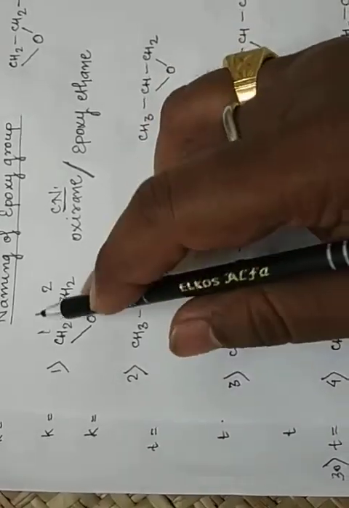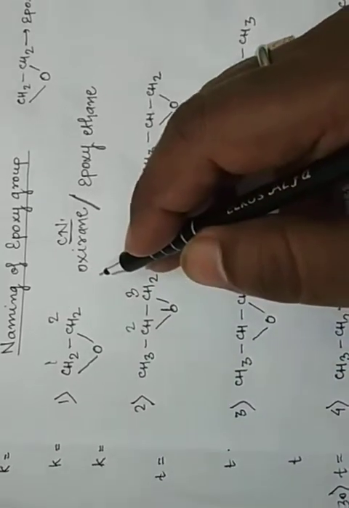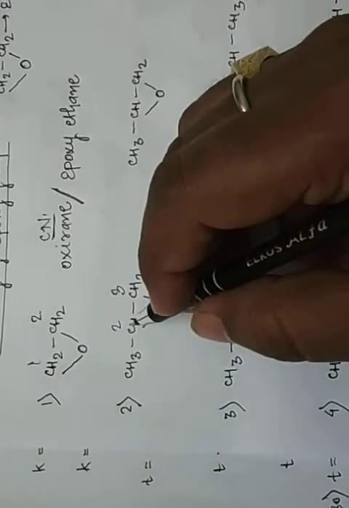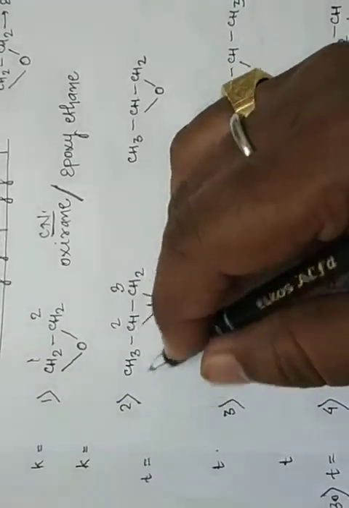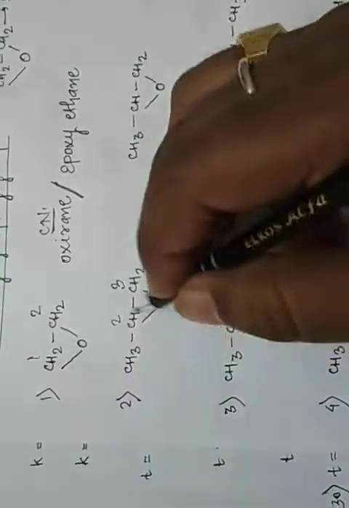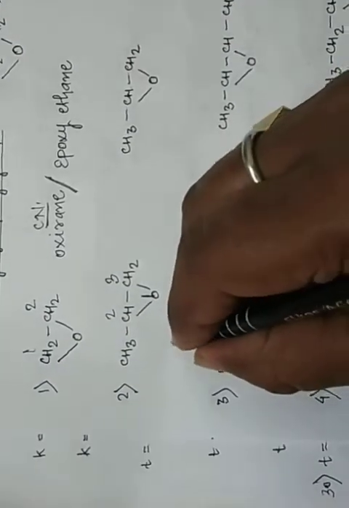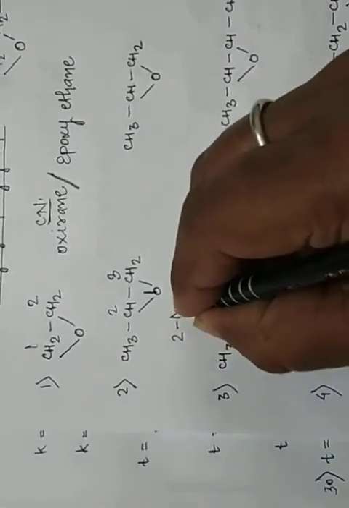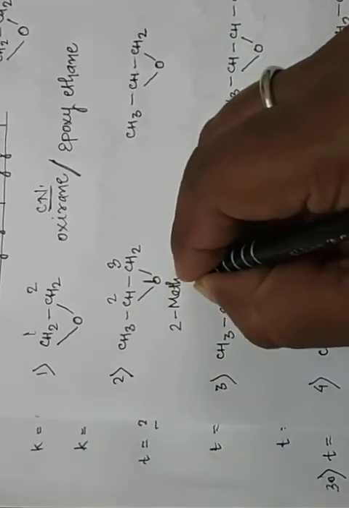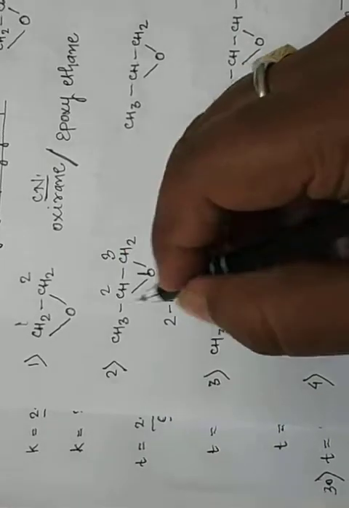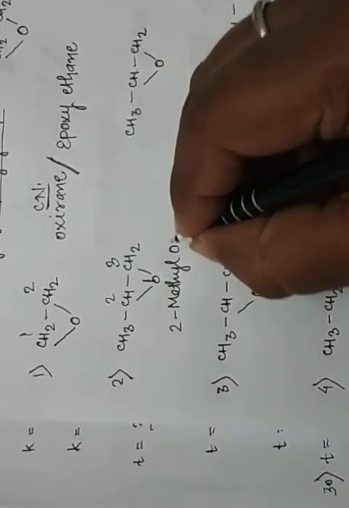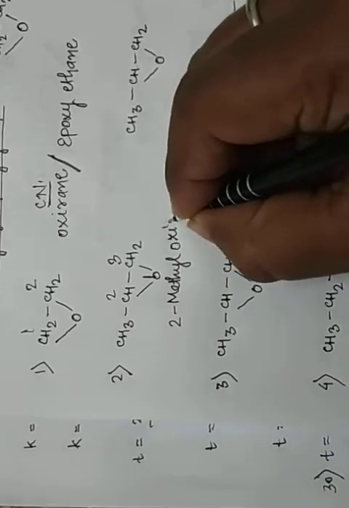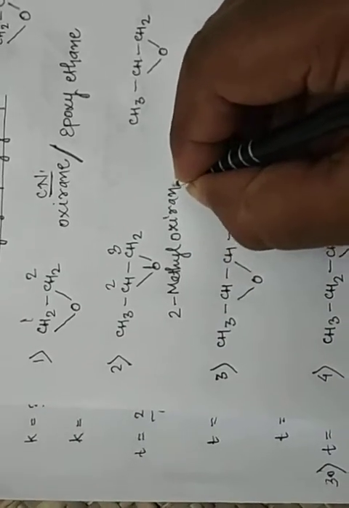Oxirane. Look, the same oxirane, but the second carbon is attached with this group, a substituent methyl group. So now the common name is 2-methyl, and this whole part is oxirane. Clear?